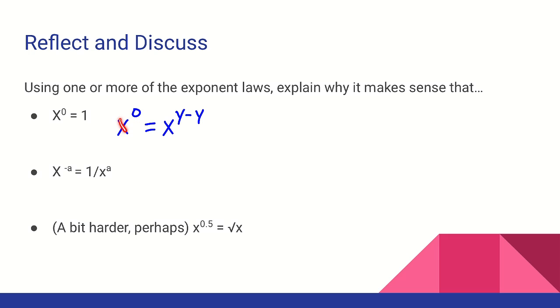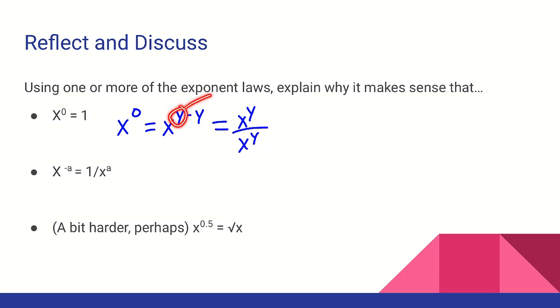So when we're given x to the 0, we could rewrite it as x to the some number minus that same number, because y minus y equals 0. But now we can rewrite this as x to the y over x to the y, because whenever you're subtracting two exponents, you could rewrite it as the same bases.